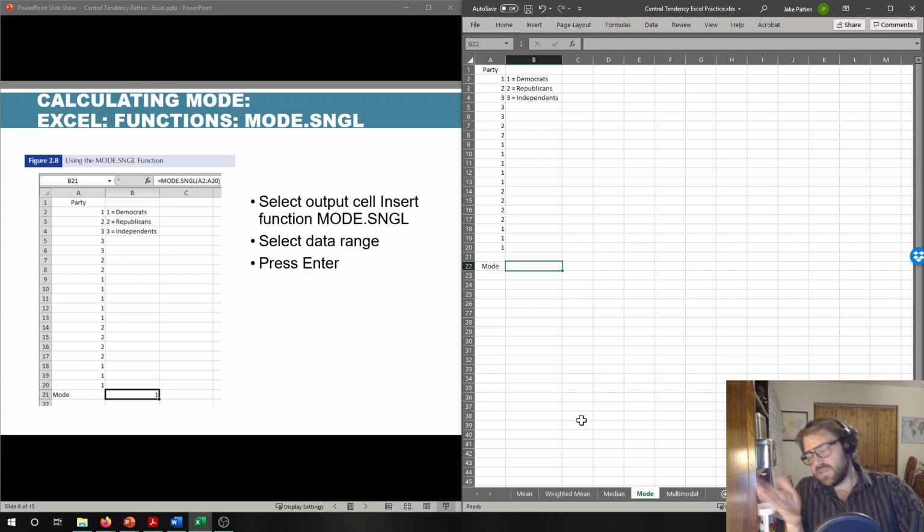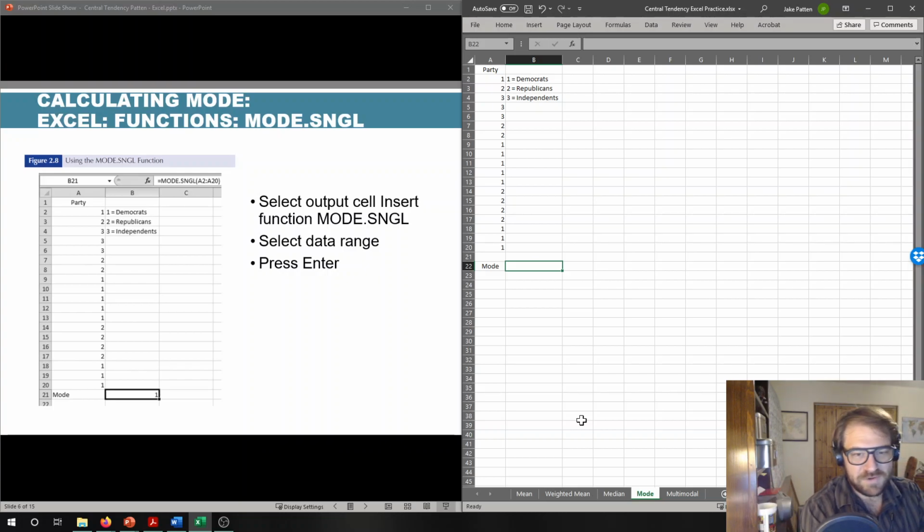Now, this is the thing about mode. You can have a single mode, or you can have a bimodal distribution, you can have a multimodal distribution. We talked about that in the last lecture. And because of that, we're going to have different code for different kinds of mode. Okay.